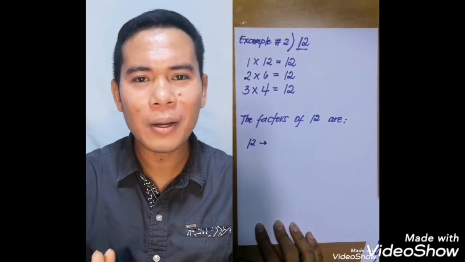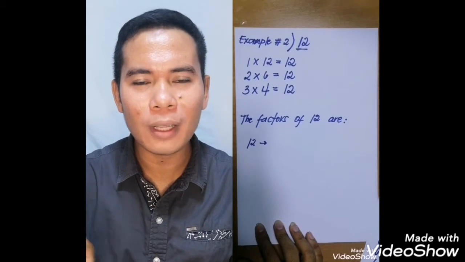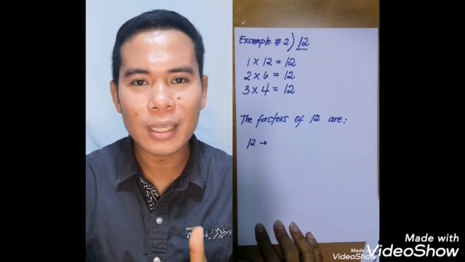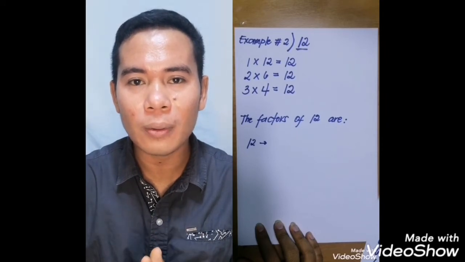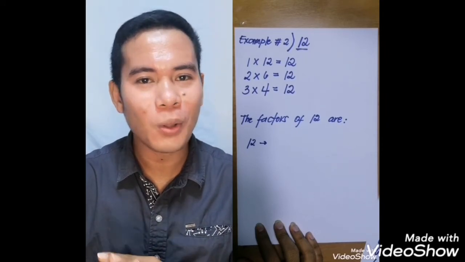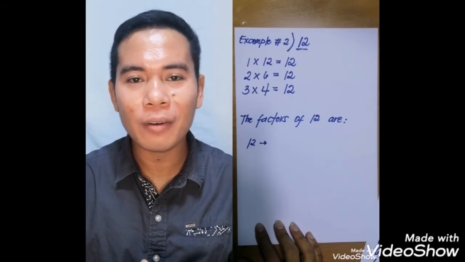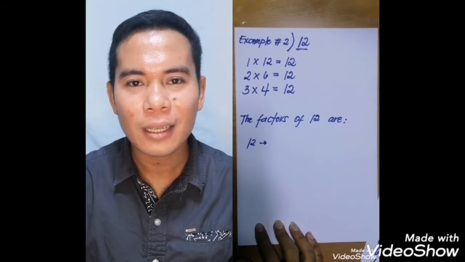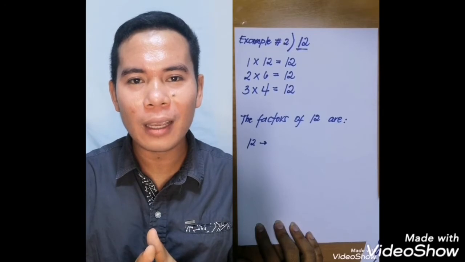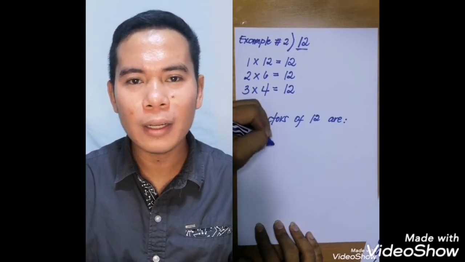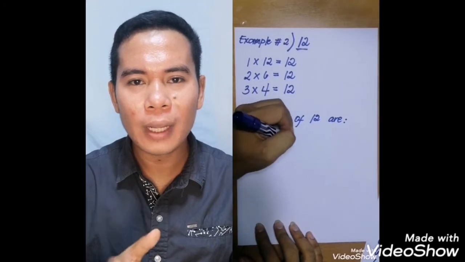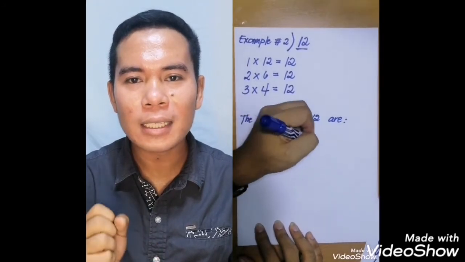Are there other pairs of numbers that when multiplied will give us 12? Take note, when we say numbers here, we are referring to whole numbers only. No more other pairs. So, therefore, I can say that the factors of 12 are 1, 2, 3, 4, 6, and 12.